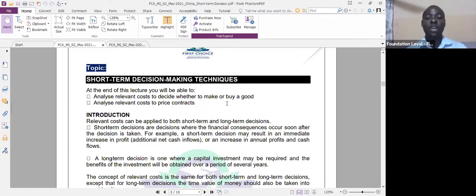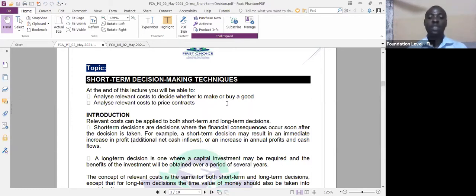Now, when I say consequence, I don't mean always a negative consequence. Sometimes a positive consequence can result from a short-term decision. So your short-term decision could either make you or mar you in the short term. Whereas a long-term decision is one where a capital investment is being made.